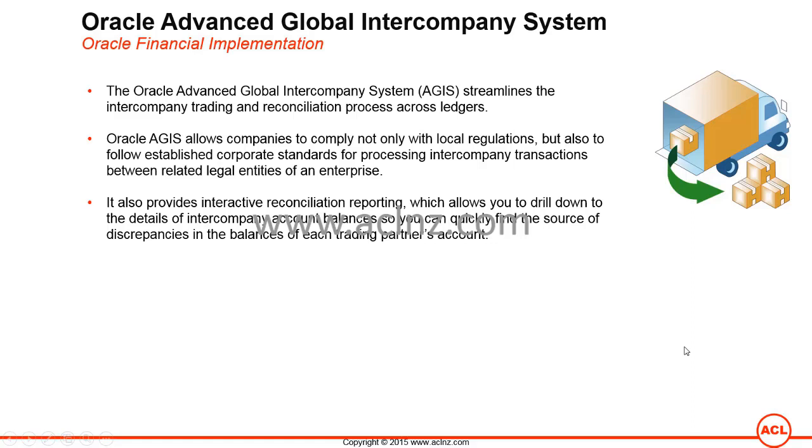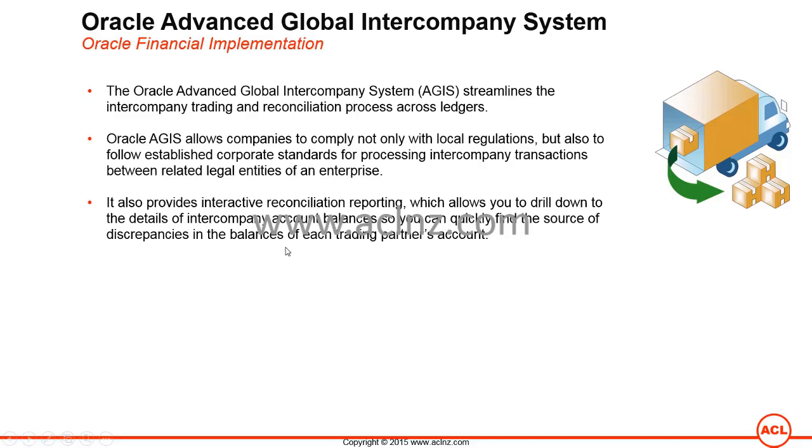So basically you can relate your intercompany rules and accounting using AGIS within Oracle Accounting Setup Manager to do a one-time setup, and then it automates the intercompany accounting. It also provides interactive reconciliation reporting, which allows you to drill down to the details of intercompany account balances so that you can quickly find the source of discrepancies in the balances of each of the trading partners' accounts.